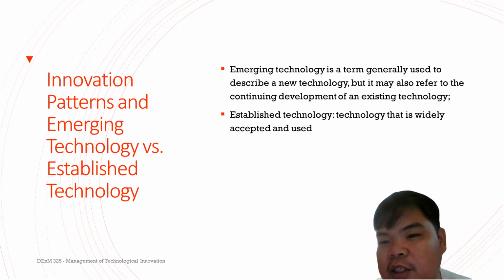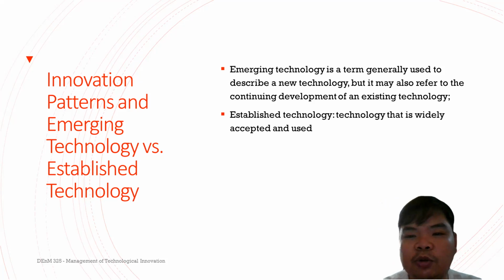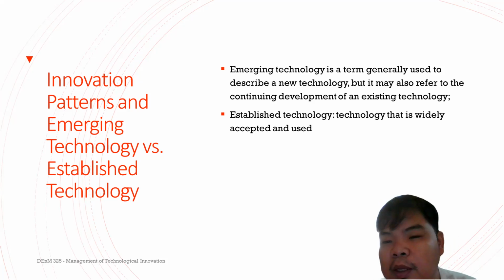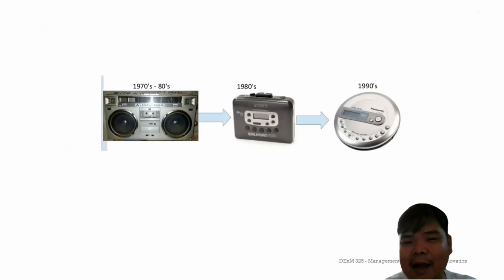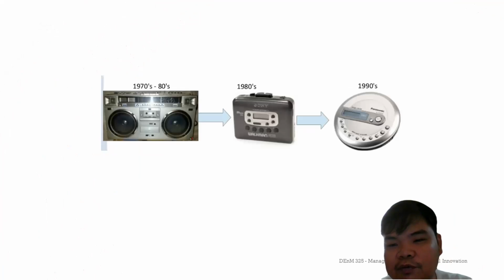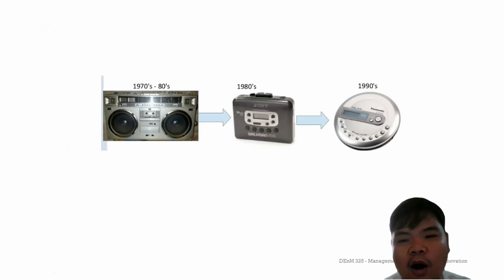So in short, this is a term generally used to describe a new technology, but it may also refer to the continuing development of the established technology. For example, established technologies before are these kinds of devices. We have a Walkman, then a CD player, then it evolves, right?